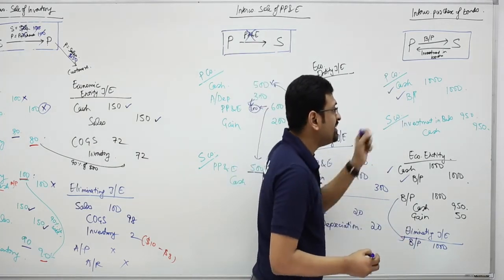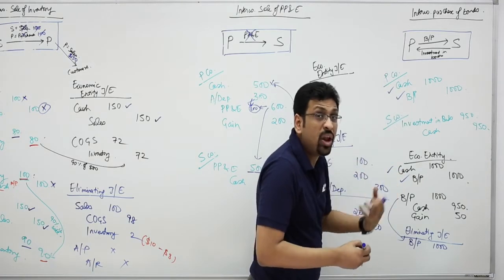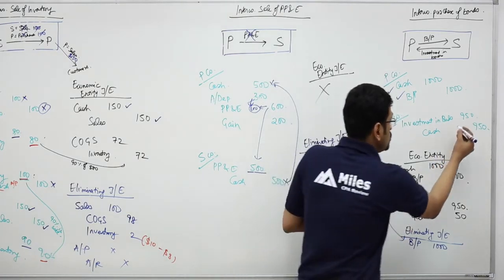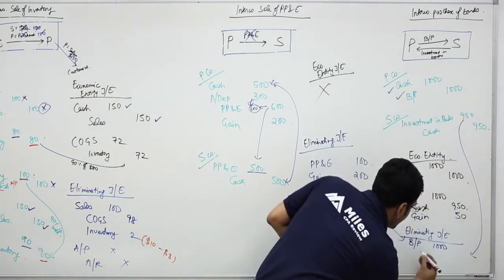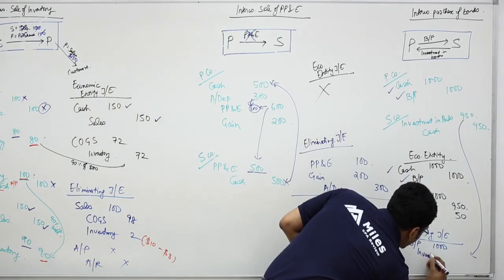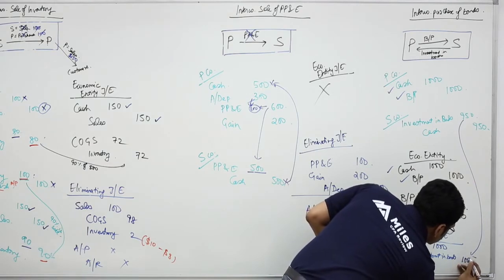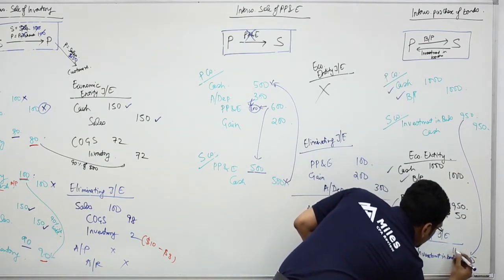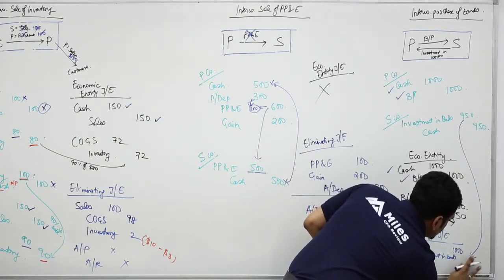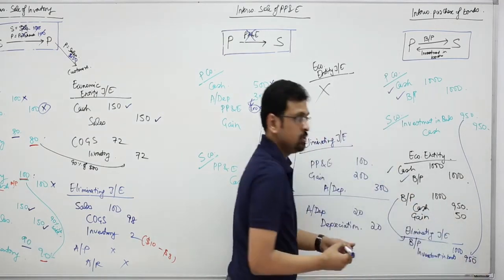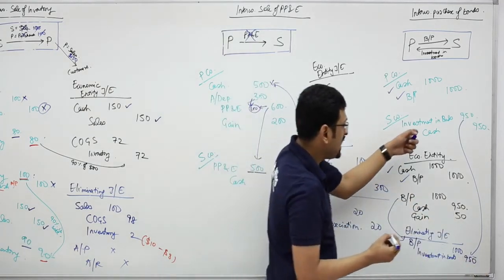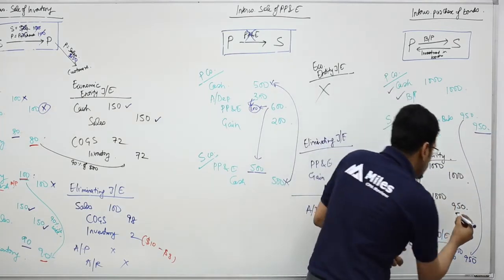We need to credit this investment in bonds. It's been created now. You cannot have an investment in your own bonds. So we need to credit this. So we'll have investment in bonds as credit. So the debit was bonds payable 1,000 and investment in bonds is 950. Cash went out 950, should have gone out 950.